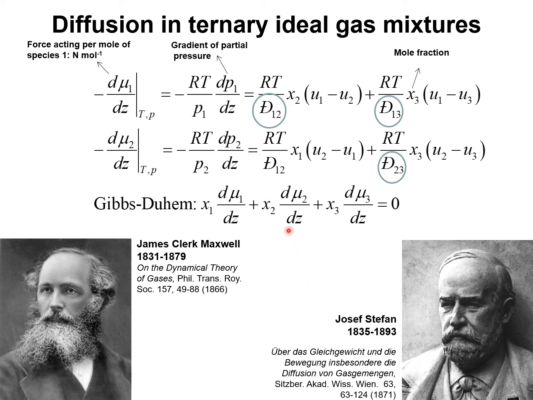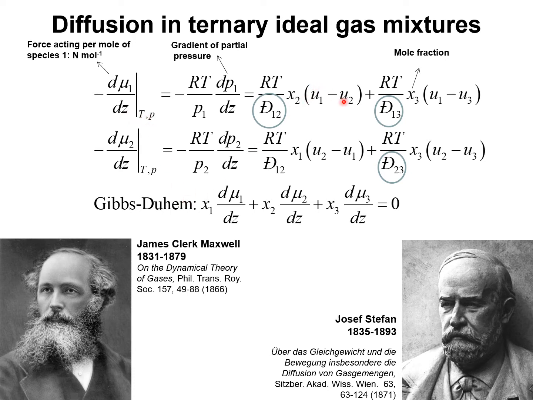Let us therefore start the analysis by considering a mixture of three components. The force acting per mole of species 1 is the negative of the chemical potential gradient at constant temperature and pressure.